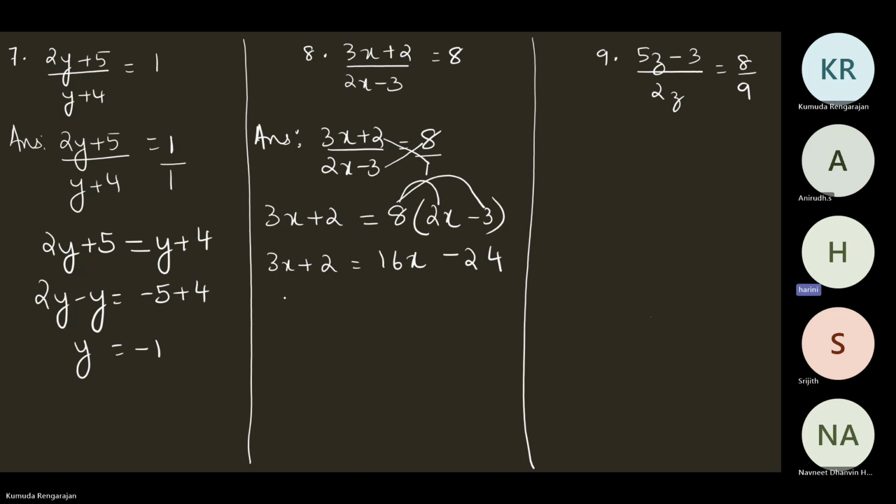Next step is 3x minus 16x. Very good. Equal to 24 minus 2, ma'am. No. Where is minus 24? Is it on the right hand side or left hand side? Is it after the equal to sign or before the equal to sign?